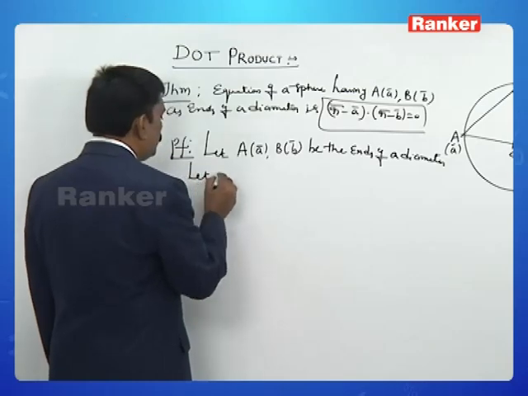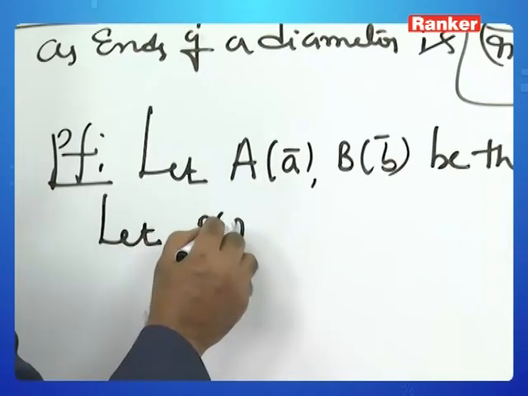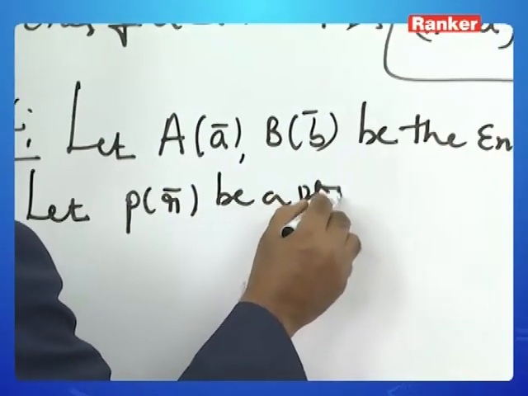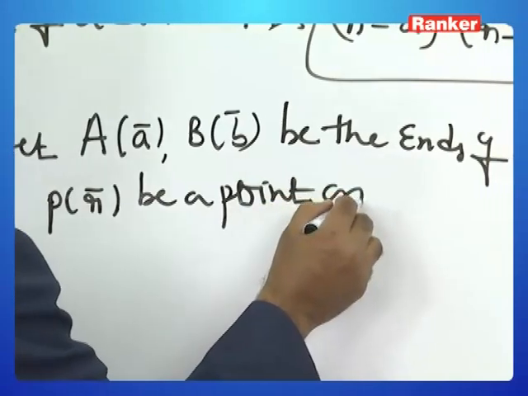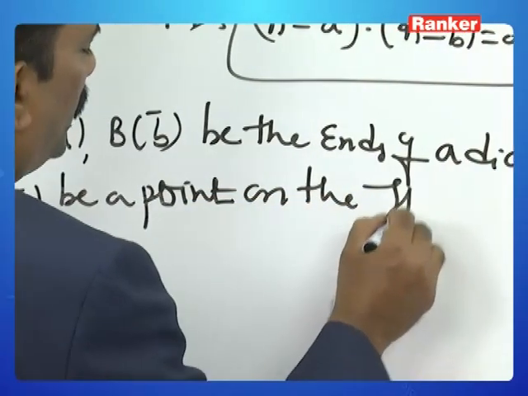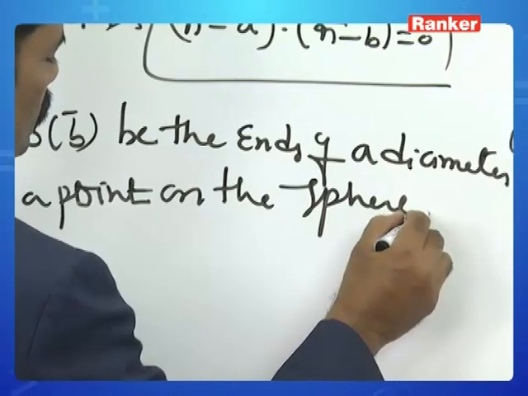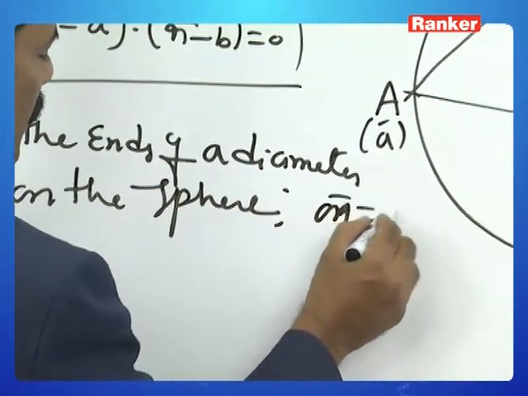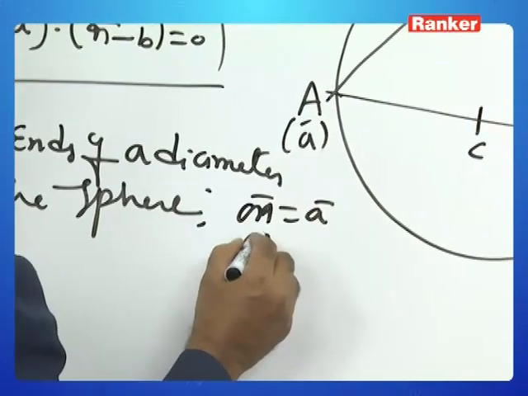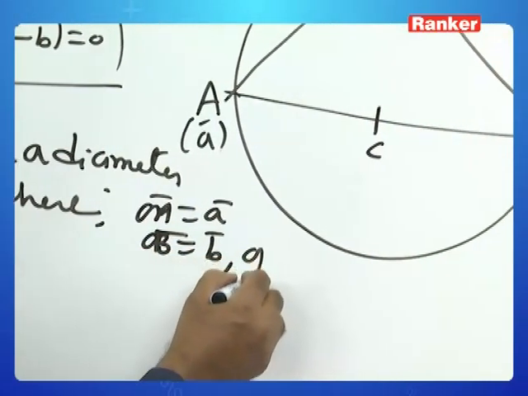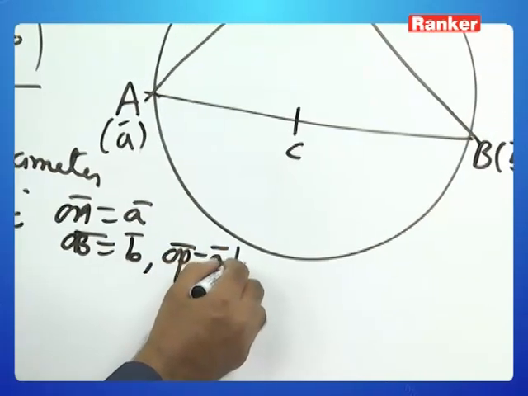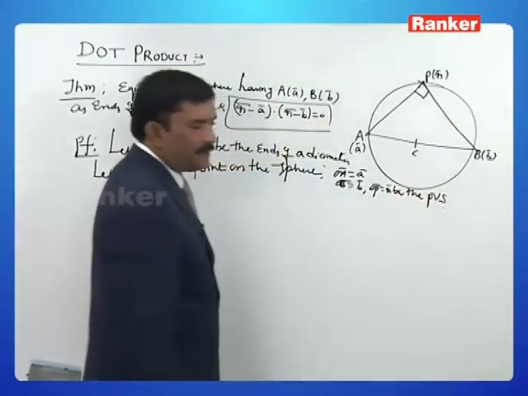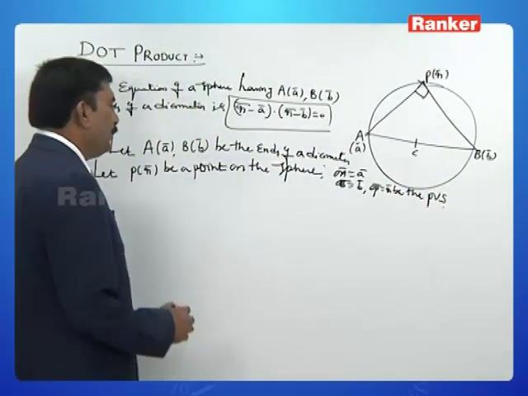Let P of r bar be a point on the sphere, where OA bar = a bar and OB bar = b bar are the position vectors.